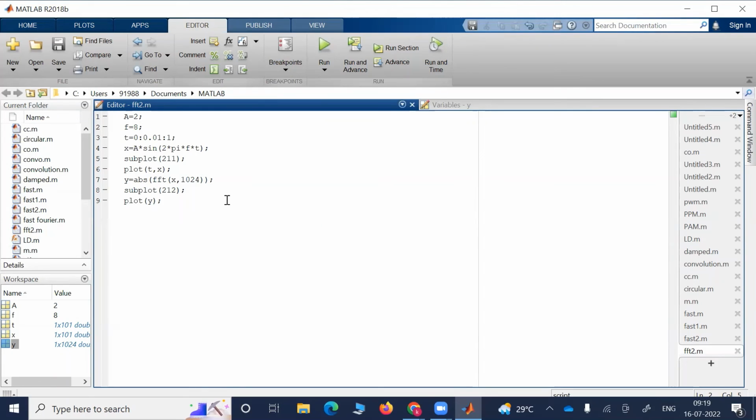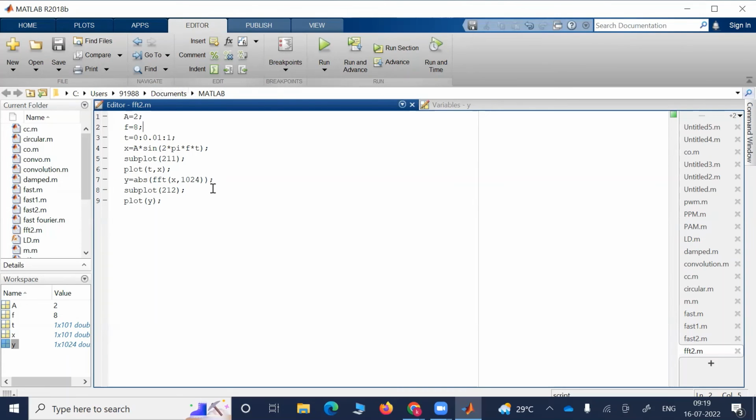After that, I used the FFT function in MATLAB. As I told you, we can write FFT of x, which computes the discrete Fourier transform of the signal, having the same number of samples as the signal x, whereas FFT of x comma n will return the n-point DFT.